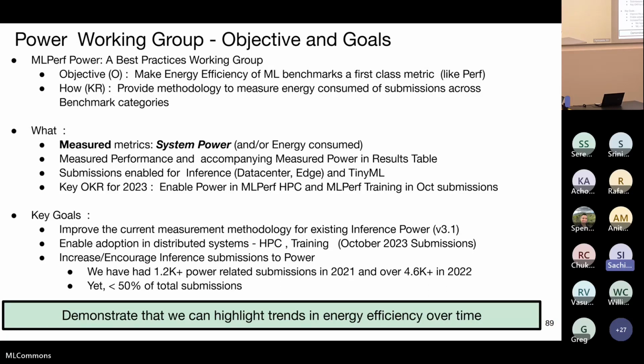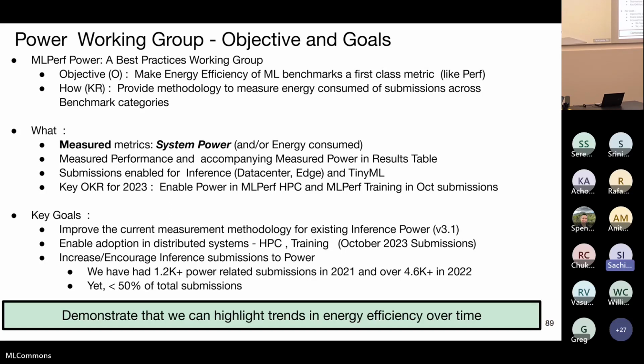We support or work with other benchmarking working groups, and our objective is to ensure that energy efficiency is a first class metric like perf. So in MLCommons, we have MLPerf attached to it, but basically energy efficiency has to go along with perf. We started back in like 2019.